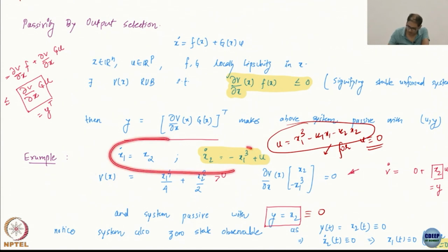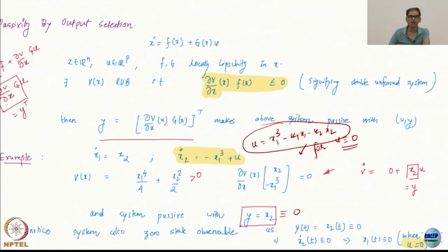Because this is actually making the system stable. So you are trying to make the system stable also. Suppose I choose my V as x1 to the power 4 over 4 plus x2 squared by 2. Why did I choose, instead of square in both, fourth power in one and square in the other? Anybody?